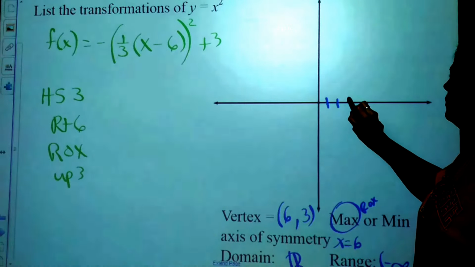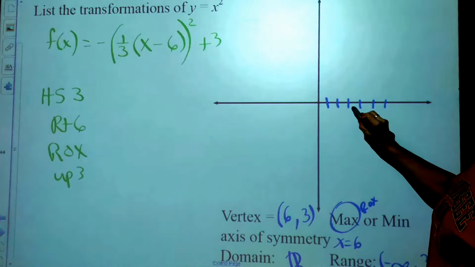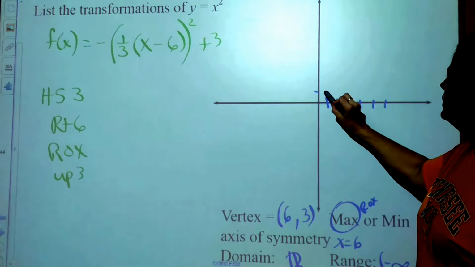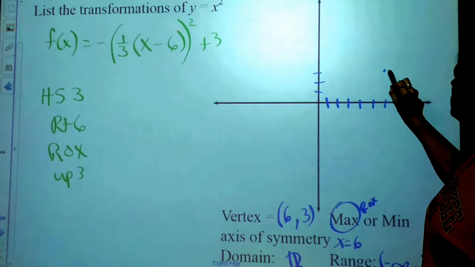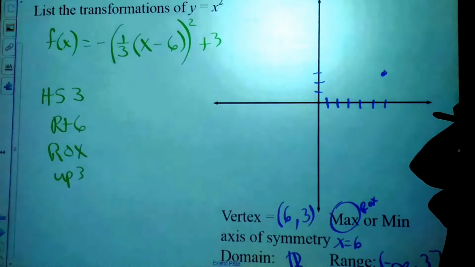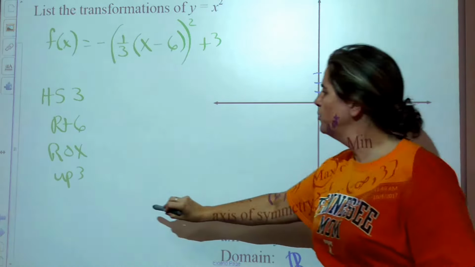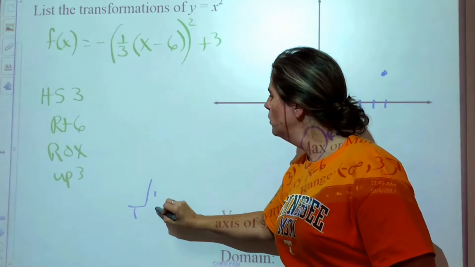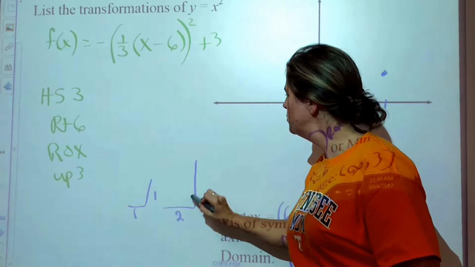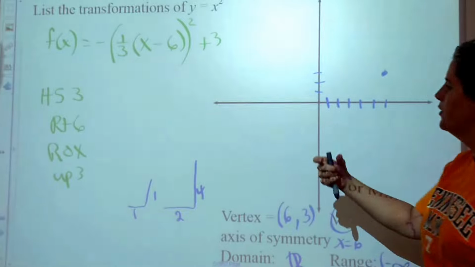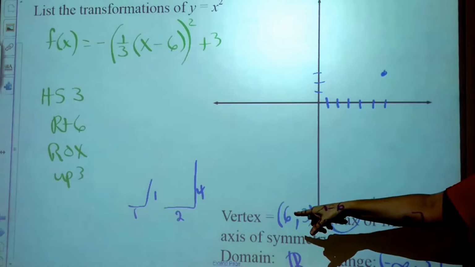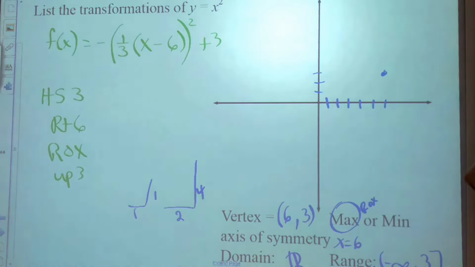So when we go right 6 up 3, we'll be up here. We know we're going to turn down, and again, if you think about that 1, 1, 2, 4, the horizontal piece, the x part, is what's going to be stretching.